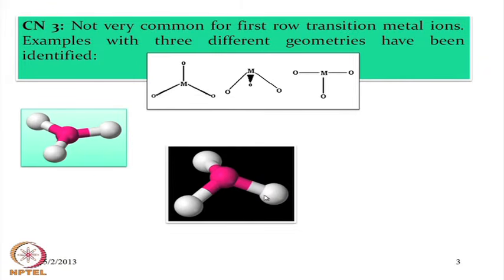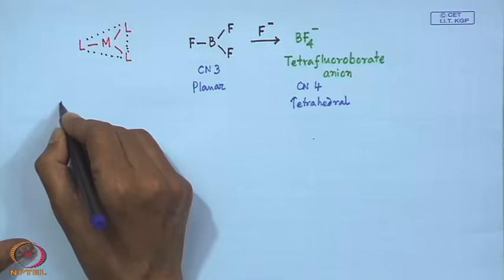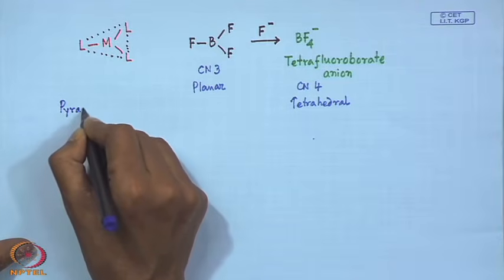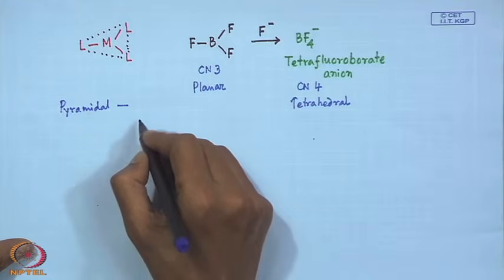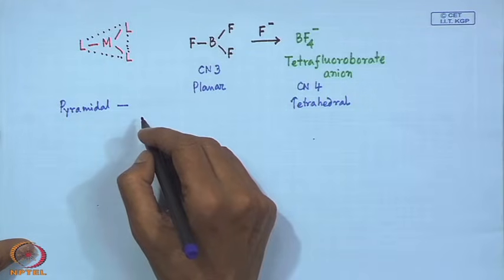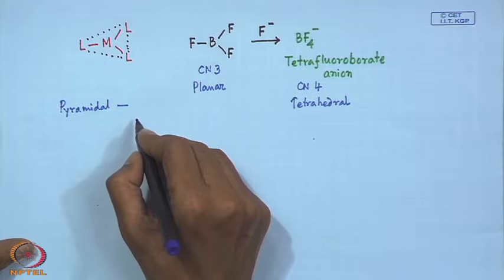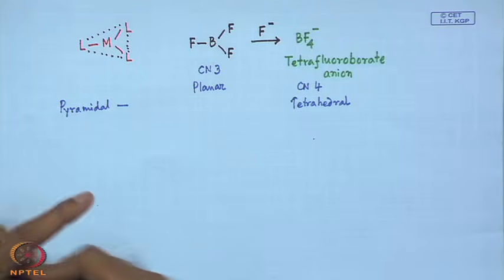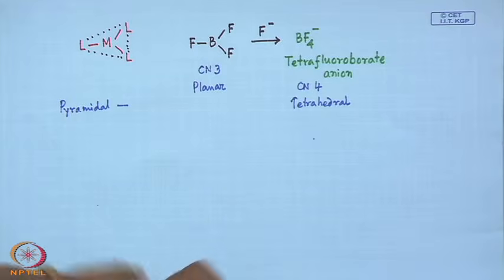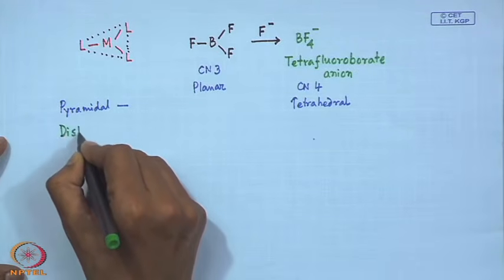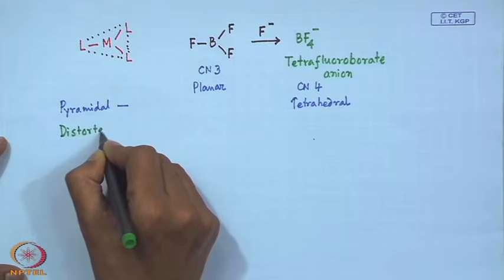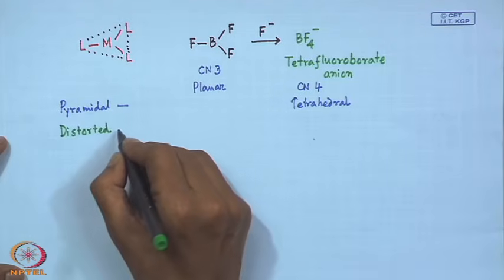We will call it pyramidal. So, sometimes we get a typical pyramidal geometry or a distorted equilateral triangle.